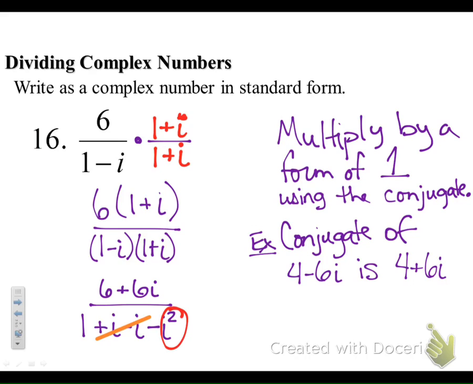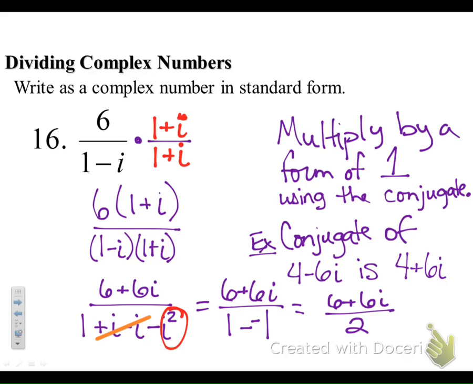And I notice this special thing that I talked about yesterday. i squared is technically a negative 1. So we're left with 1 minus negative 1, but we know that that's going to turn into addition. So our final answer, 6 plus 6i over 2.